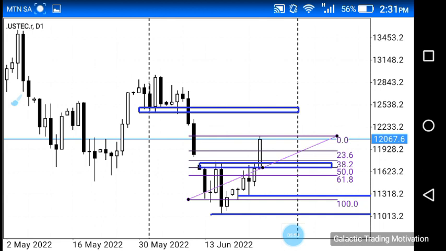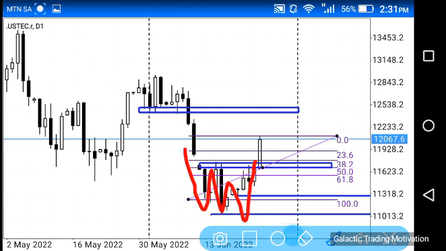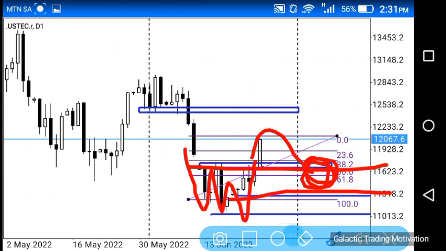So that is confluence because we have the inverted head and shoulders pattern, we have the neckline, and we have the Fibonacci retracement level of 38.2. So should price come back to this level from where it is, we may be looking for possible buying opportunities at this zone, but also keeping in mind that we have at this level a liquidity candlestick as well as at this particular level, right?